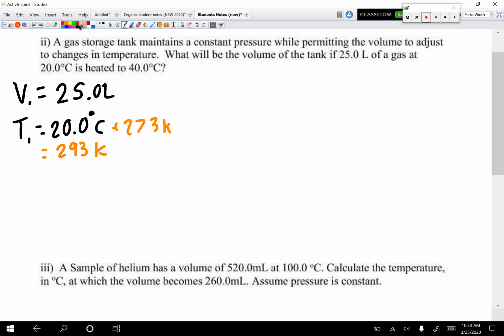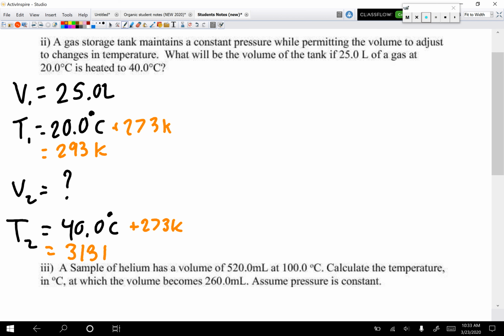We have our V2 is equal to, we don't know, and our T2 is equal to 40.0 degrees Celsius. Now, same thing as before, we're going to have to add our 273 right away to get our temperature of 313 Kelvin.